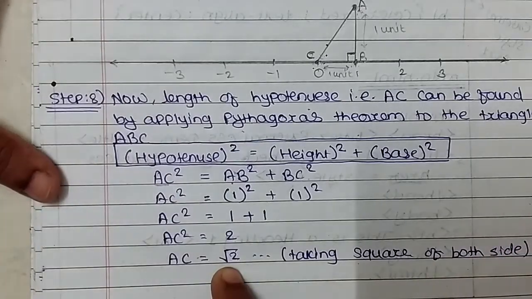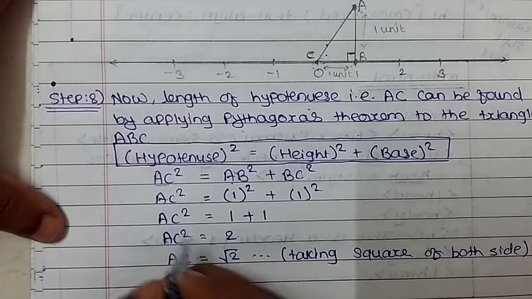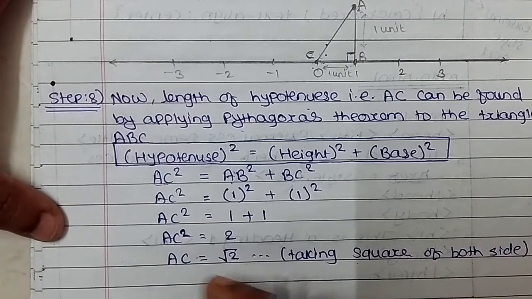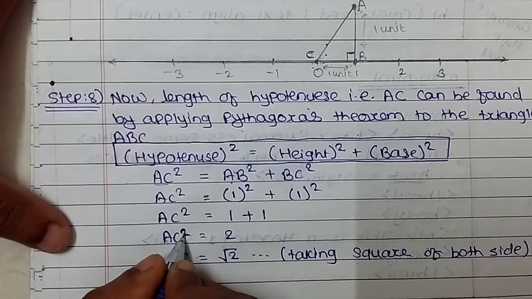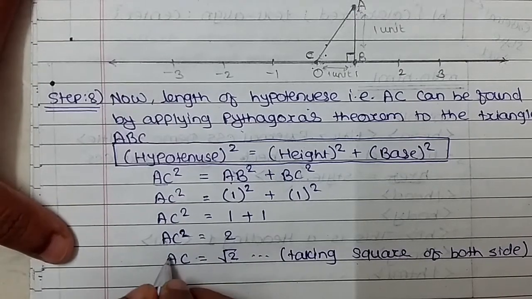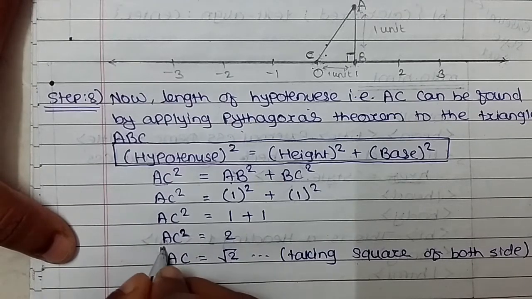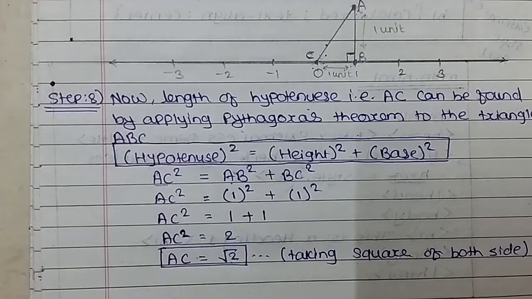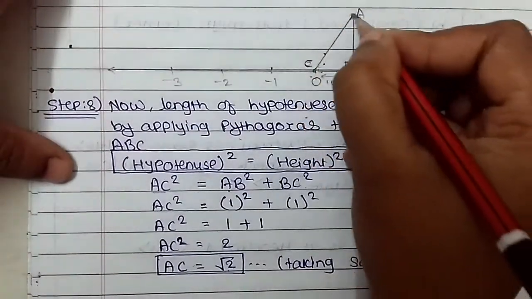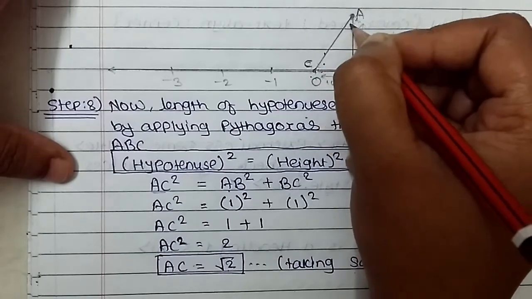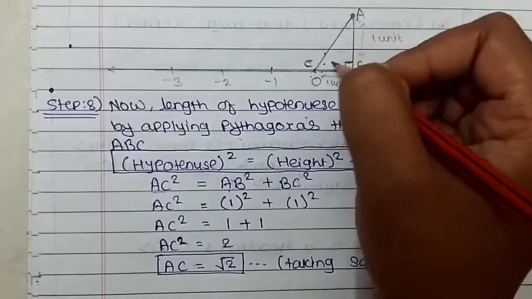Okay, square of both sides. So therefore this square is converted into the square root of the other side. So therefore AC is what? Root 2. And this is your solution. That is AC. What is the AC here? That is root 2. So we can say that AC distance or AC length is what? Length of AC, that is root 2.